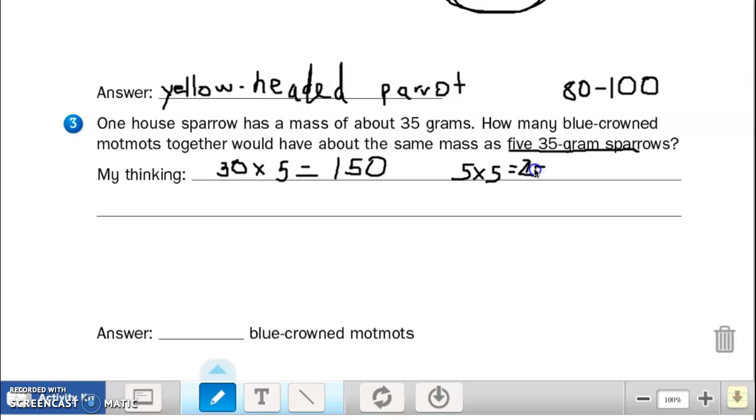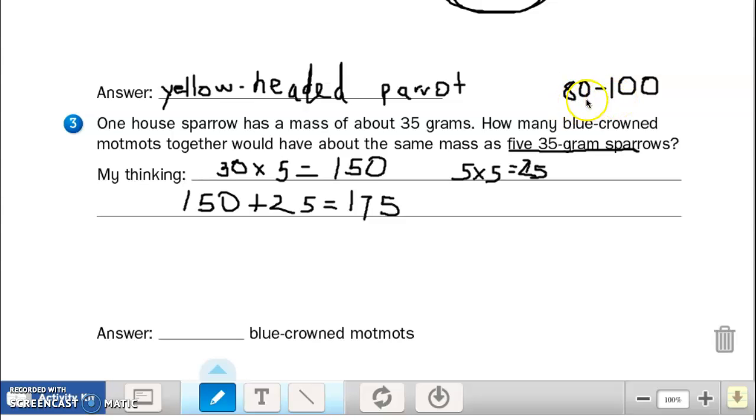Then we're going to add those together: 150 plus 25 equals 175. So 5 sparrows is 175.